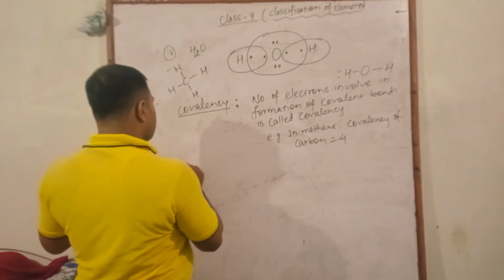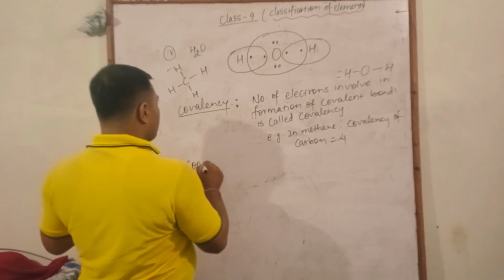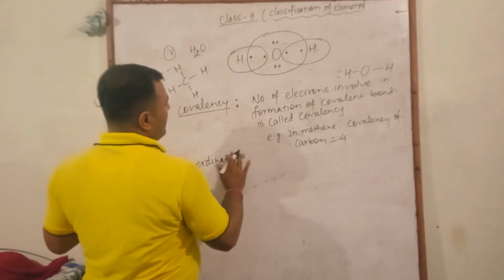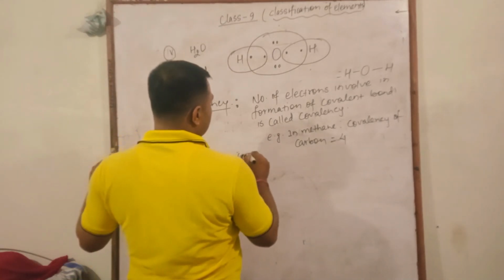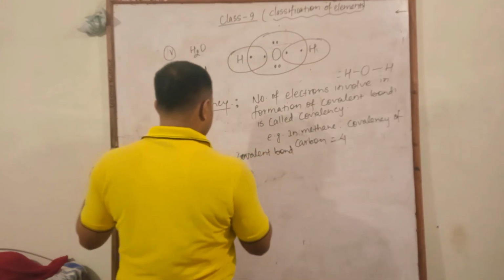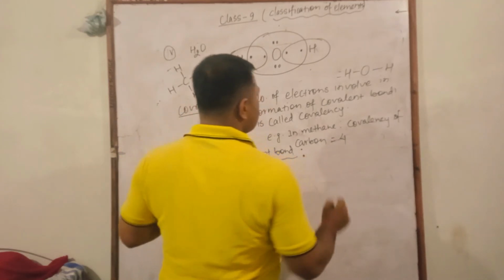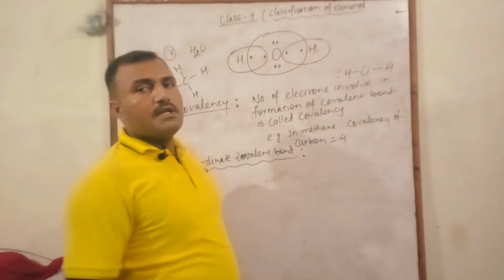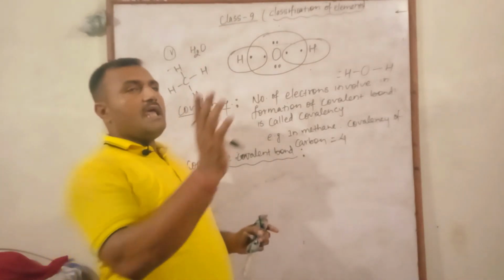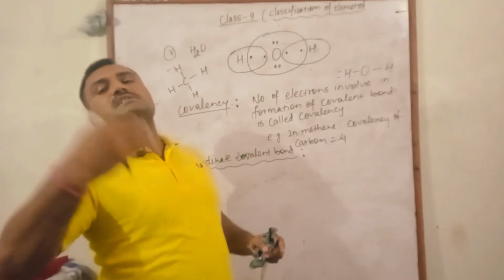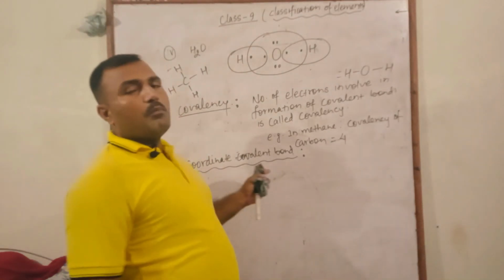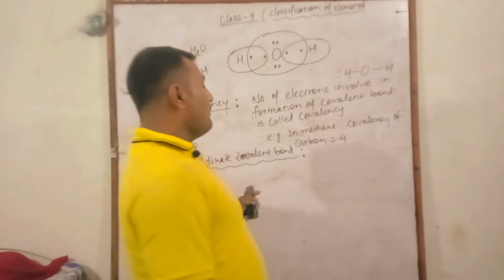The third type of covalent bond, or chemical bond, is the coordinate bond, or coordinate covalent bond, or simply coordinate bond. Why? Because a coordinate bond is a special type of covalent bond in which general covalent bonds are also formed, but at some place a special one-sided sharing of electrons takes place, and such a type of bond is called a coordinate bond or covalent bond.